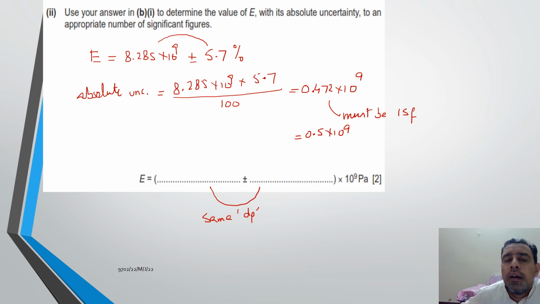So we write it as 8.2 and 0.5, and the combined is 10 to the power 9. So it is one sig fig and both have the same decimal places.